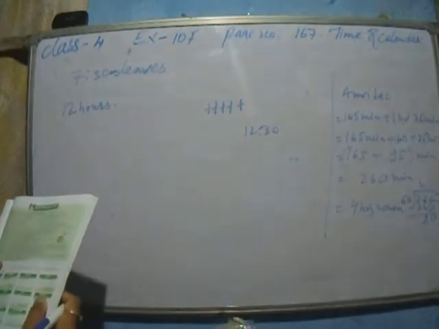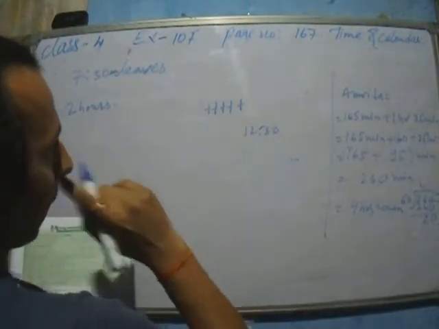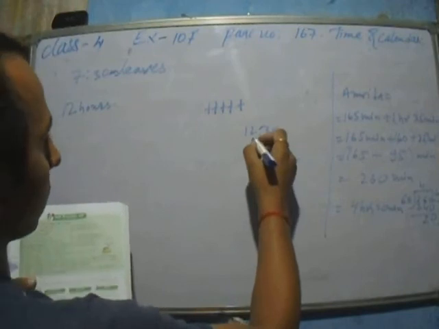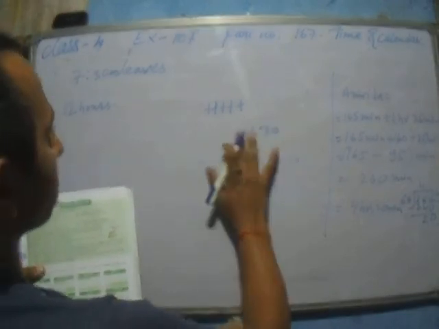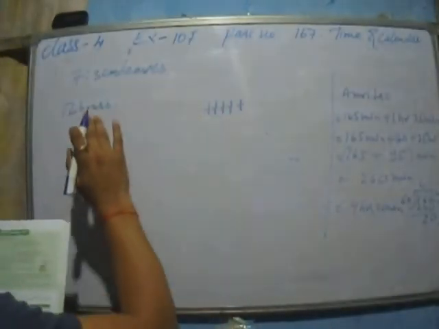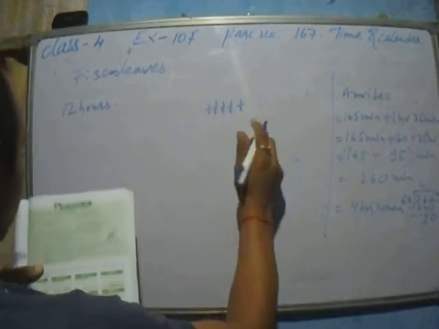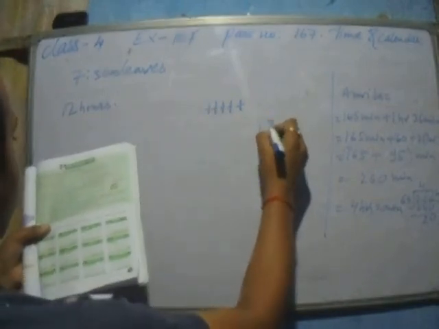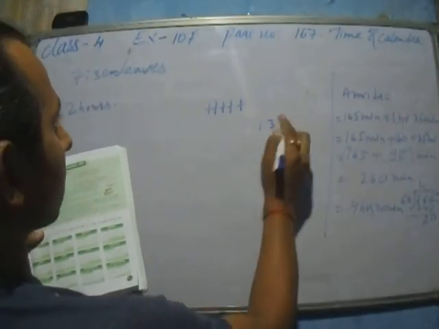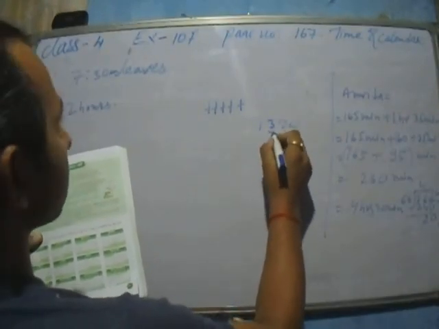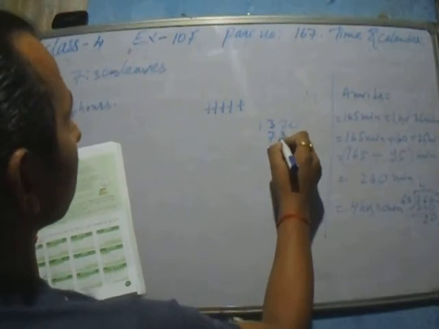Okay, 1:20 it is said. Just a second, okay, 12 hours. So here 1:20 means 13:20 minus 7:30, we need to do here.